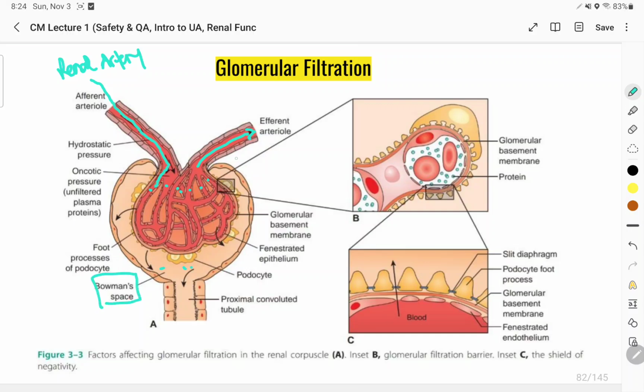So kani siya whole is our Bowman's capsule. And then giline niya diri ang capillaries man ang Bowman's capsule. Pero ako i-reason kay matabunan ang uban nga parts.